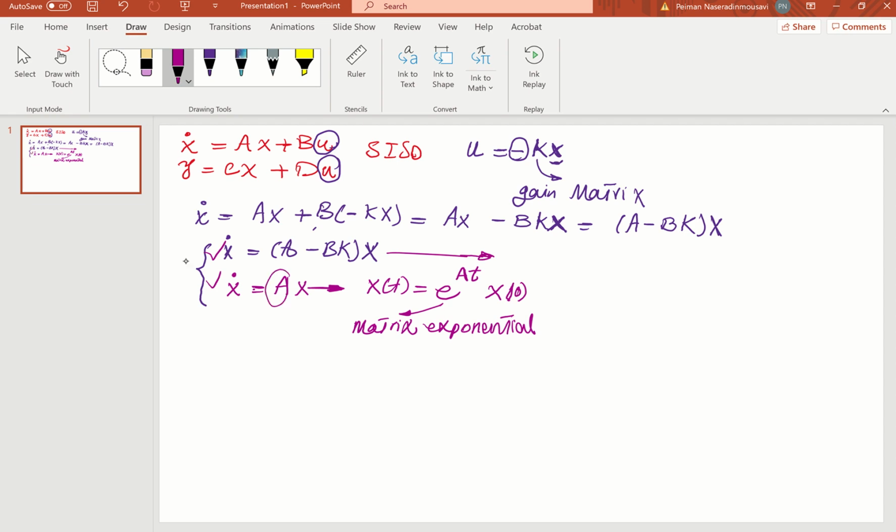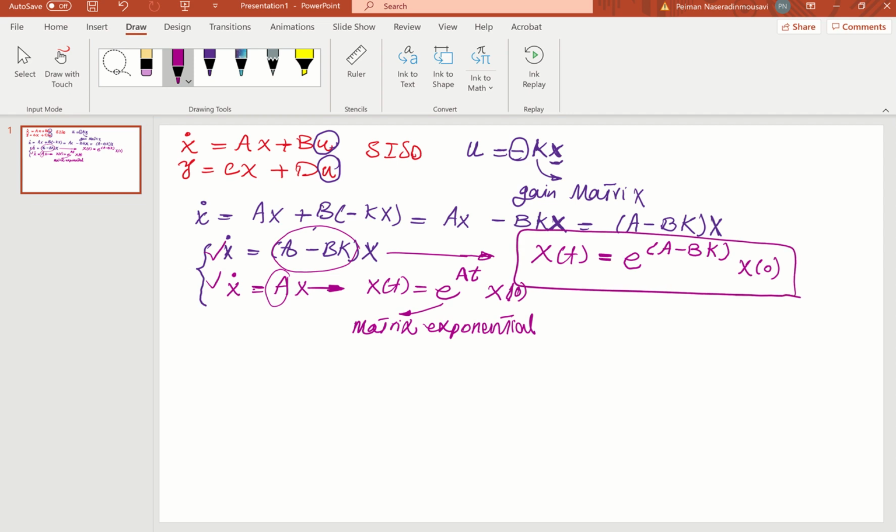Your A is transformed to A minus BK. So the general solution of the system, when you give the input, is e to the (A minus BK)t at initial conditions. Here we go. Understand? Because now you are controlling the system by u.